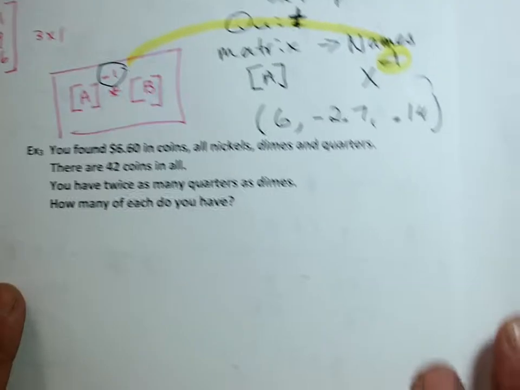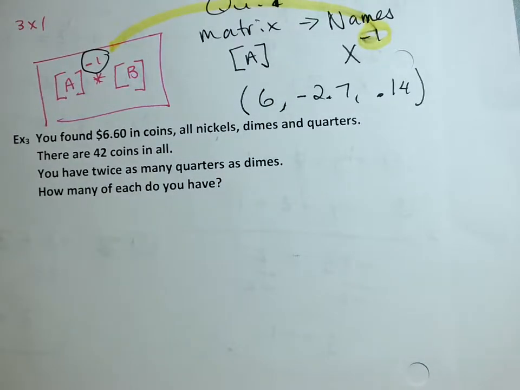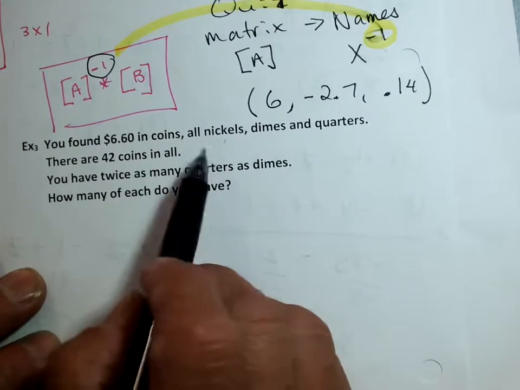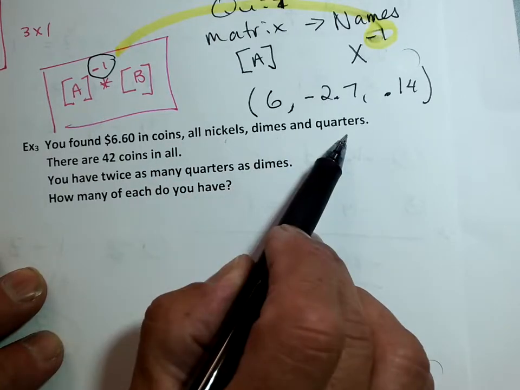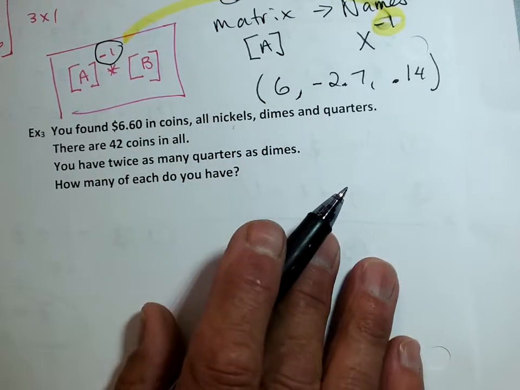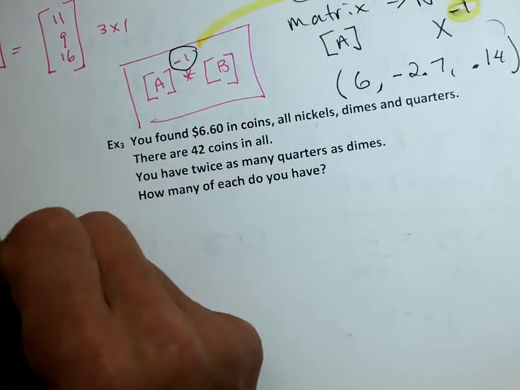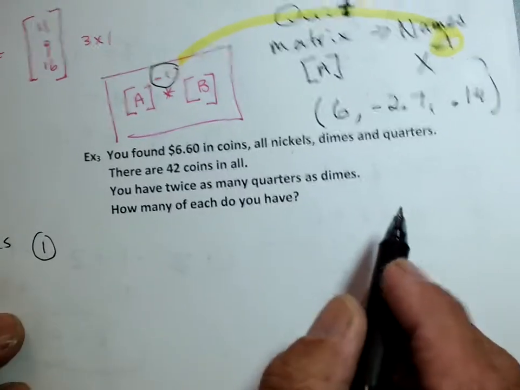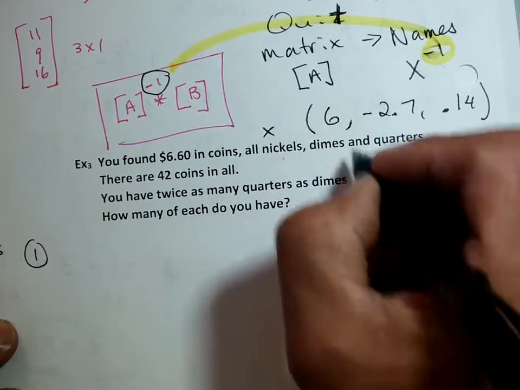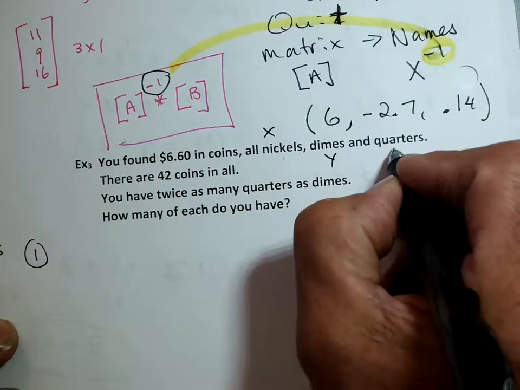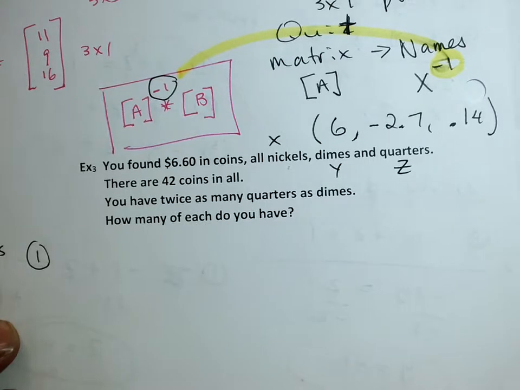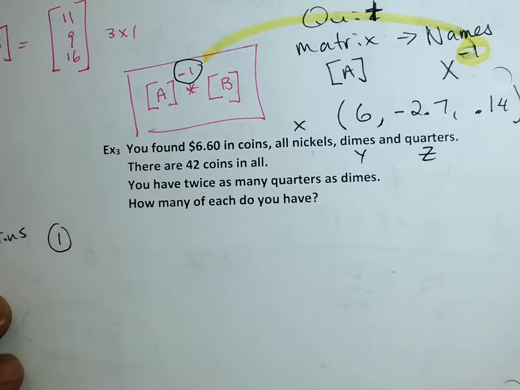So example 3. Okay? So, we got nickels, dimes, and quarters, okay? So I need 3 equations, right? So equation 1 is going to be coins. What if we let nickels be X, dimes be Y, and quarters Z? Or I could use N, D, and Q. Oh, you know what?